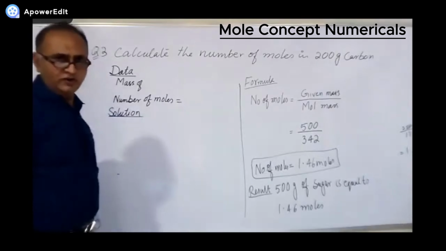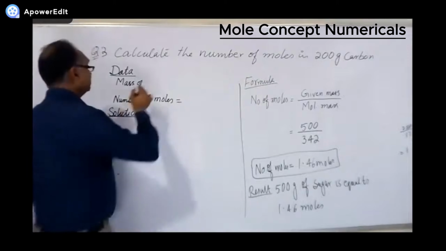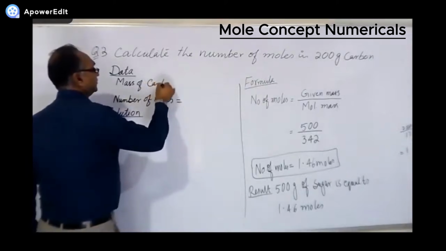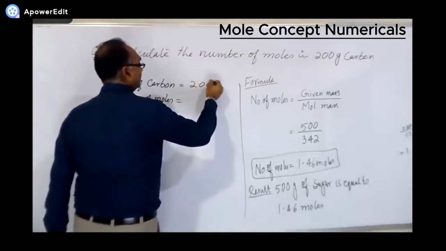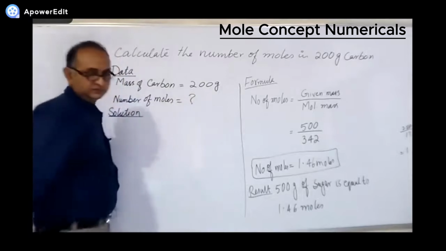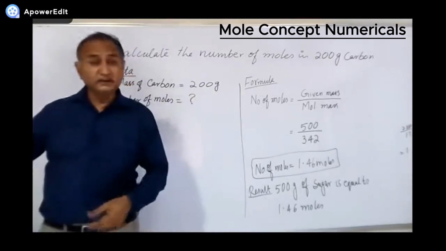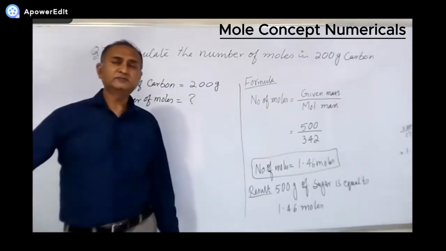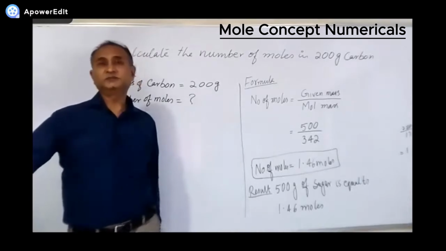So what is given to you here? Mass of carbon. How much carbon do you have? 200 gram. What is asked? Number of moles. Can you guess the difference between this question and the previous question? This one is easier.